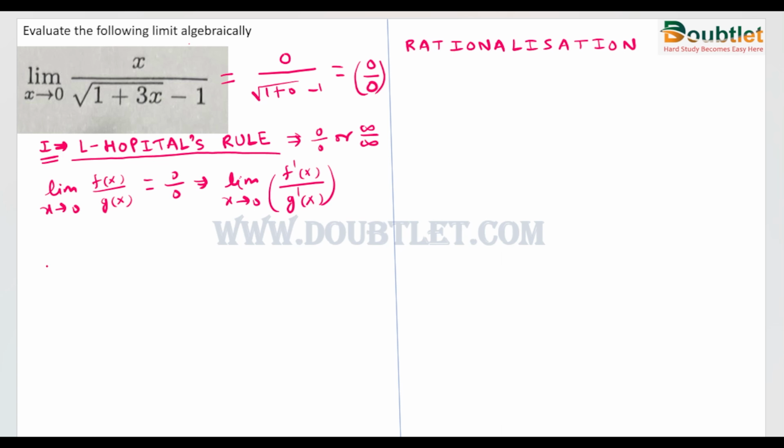If we differentiate the numerator separately, we get 1 because the differentiation of x is 1, and if we differentiate the denominator separately, we get 3 divided by 2 under root of 1 plus 3x.